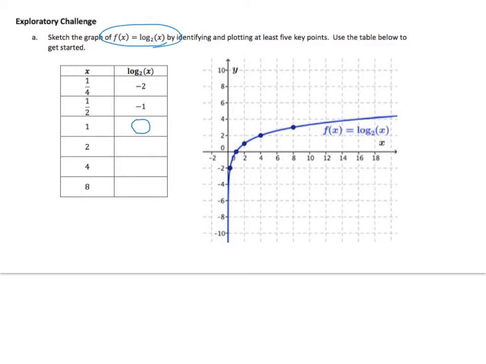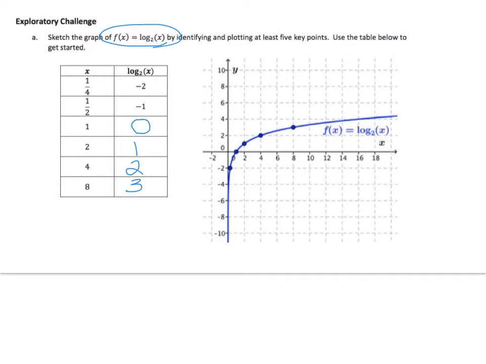Log base 2 of 2 is 1. Log base 2 of 4 is 2, and log base 2 of 8 is 3. And then go ahead and graph it. So graph this down on your paper so that we can talk about it, right?